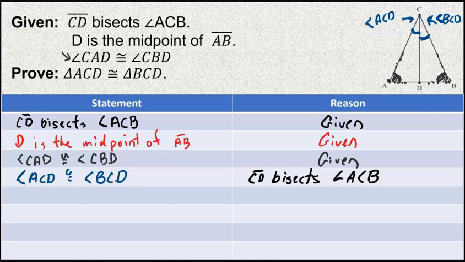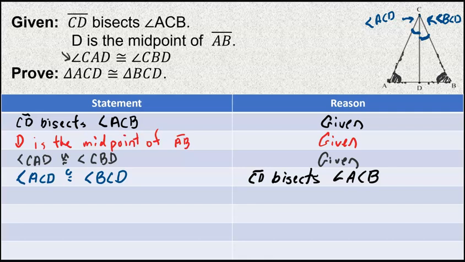I mentioned earlier, there's a number of ways to defend an angle bisector or a midpoint. Typically what you see in formal proofs is angle bisector followed by definition. My recommendation, as I mentioned in the previous video, for us beginning provers, is to just use the language in the given. You know that angle ACD is congruent to angle BCD because in the given it states CD bisects angle ACB. So just write that.